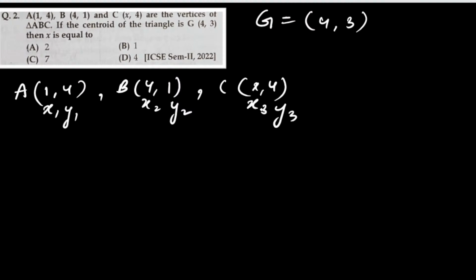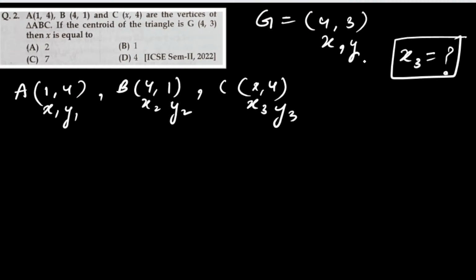Here you can see x3 is missing, so x3's value is equal to x. So this x we have to find. We have to find x3 because x3 is equal to x, and the coordinates of the centroid we can write as x, y.